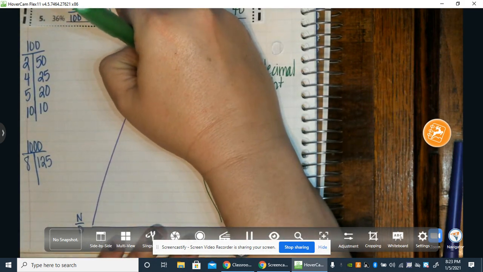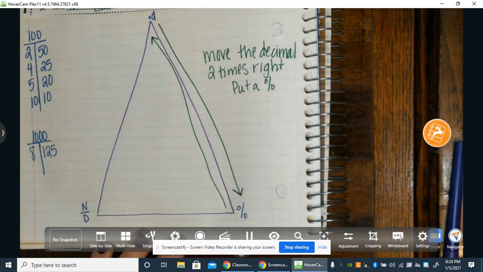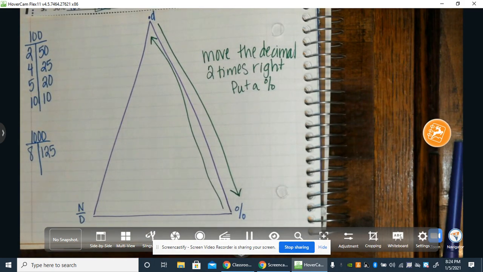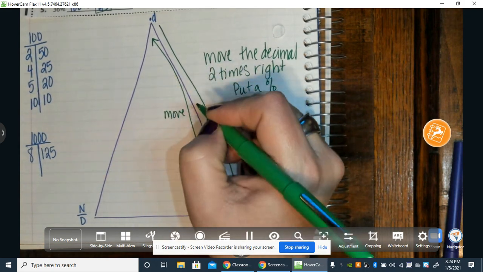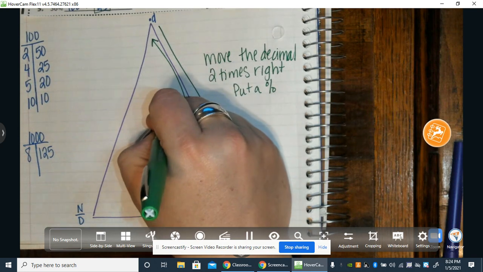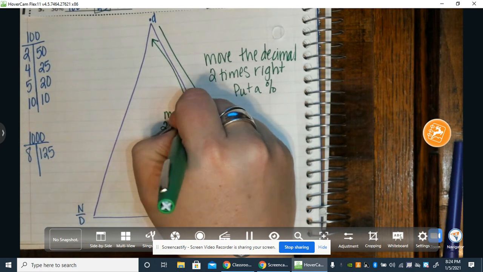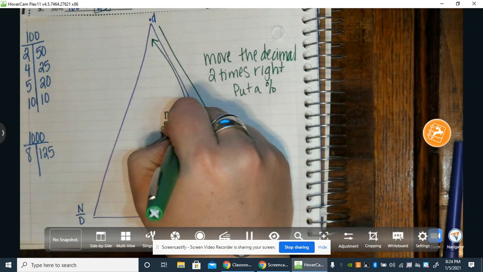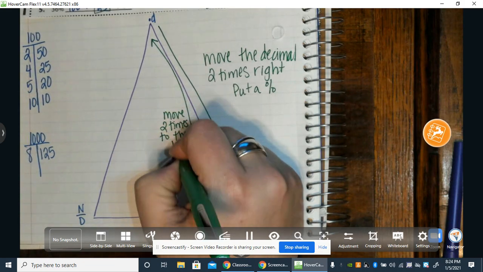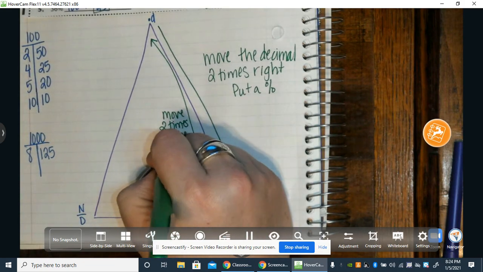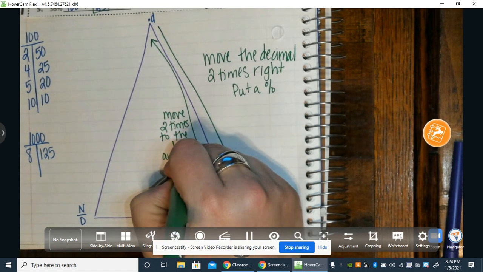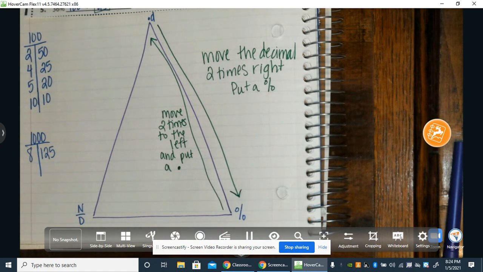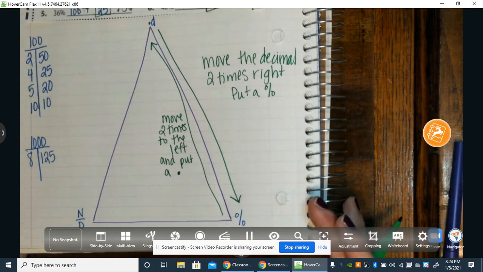So I'm going to go inside my triangle, and I'm going to draw my poorly drawn arrow, and we're going to move 2 times to the left. And put a decimal. I'm going to put a big old dot right there for a decimal. Move 2 times to the left and put a decimal.